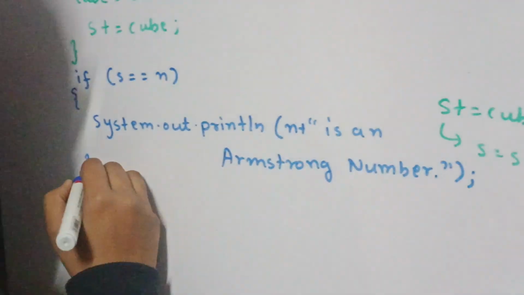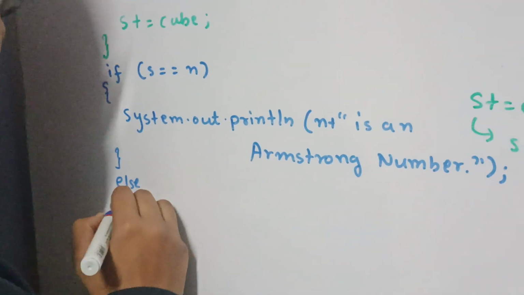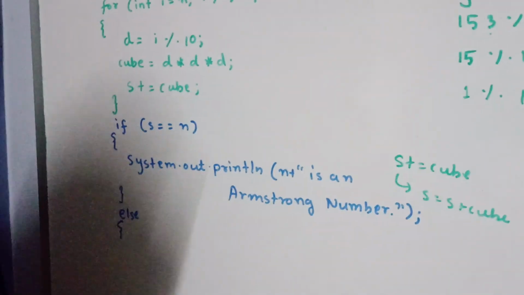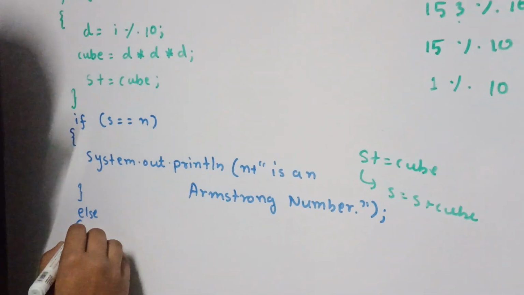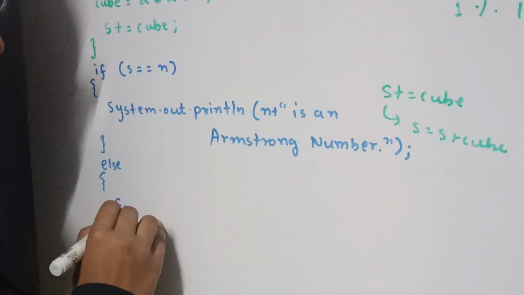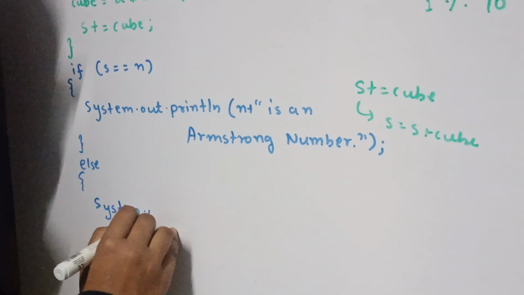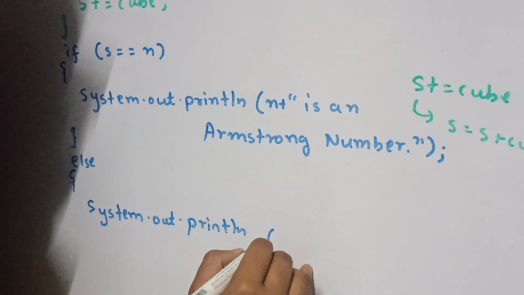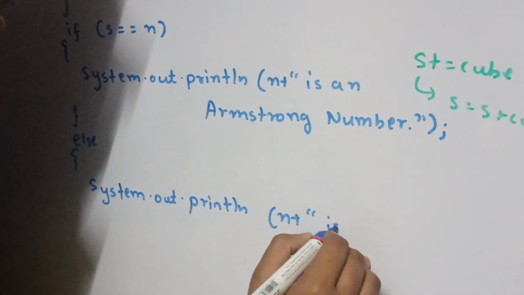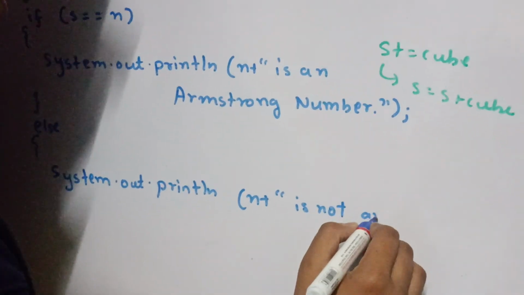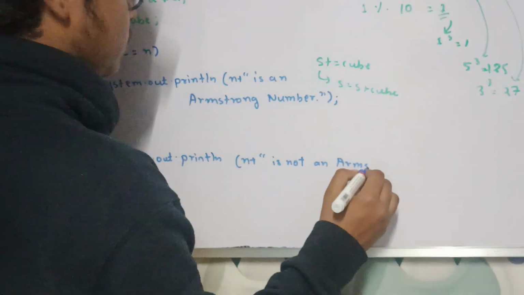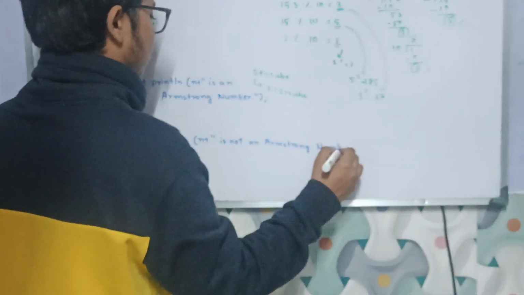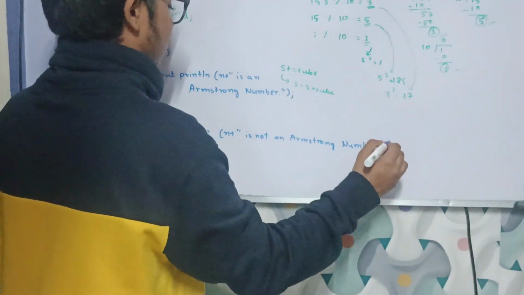Okay, else, if this is not possible, if the sum of the cubes of each digit of the number is not equal to the original number, then you will print System.out.println n plus is not an Armstrong number.